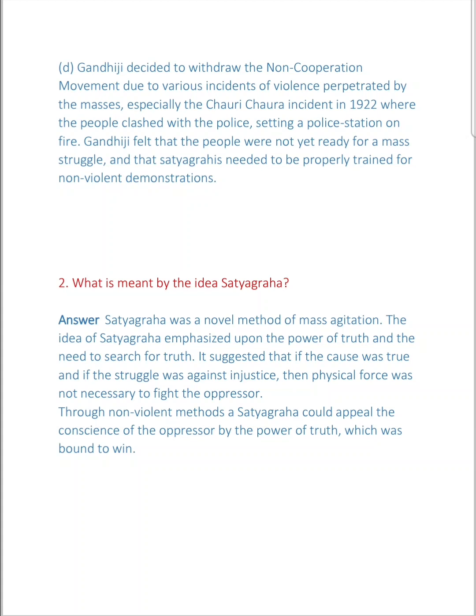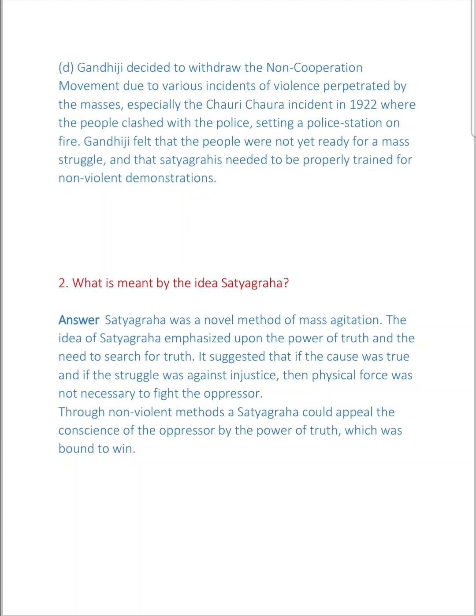Question number 2: what is meant by the idea of satyagraha? Answer: satyagraha was a novel method of mass agitation. The idea of satyagraha emphasized the power of truth and the need to search for truth.